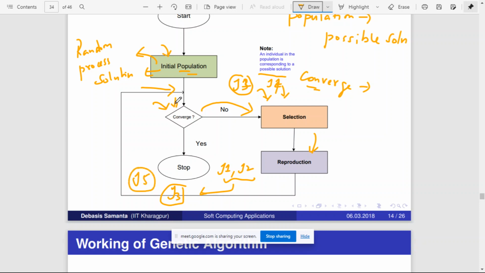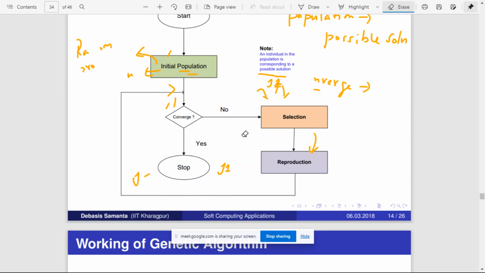Are you happy with I5? Is the solution converged or not? If you are happy, then stop the process. If you are not happy, keep on repeating this until it is converged. This is how the genetic algorithm works. This is the overall structure of the genetic algorithm.